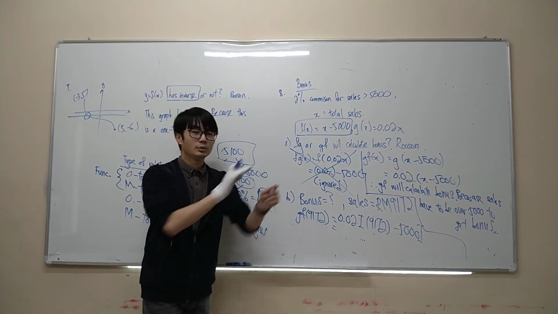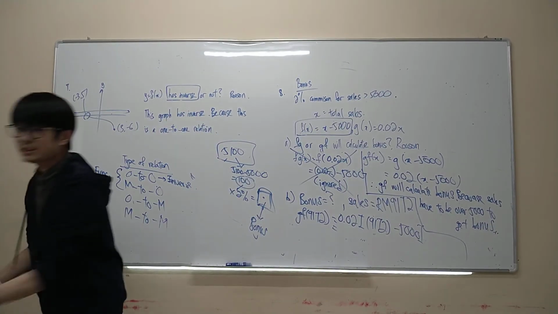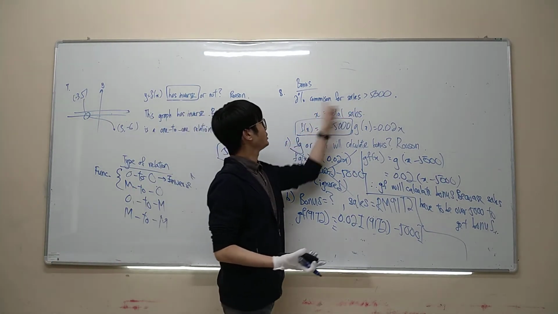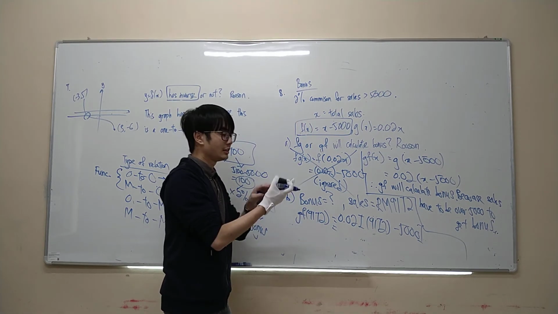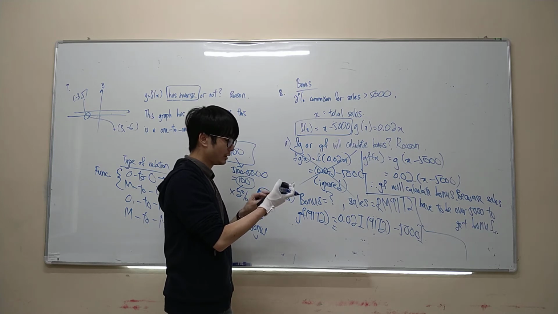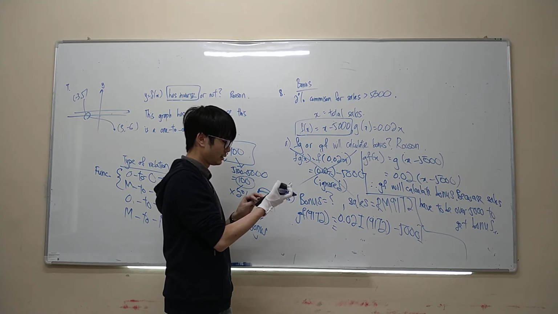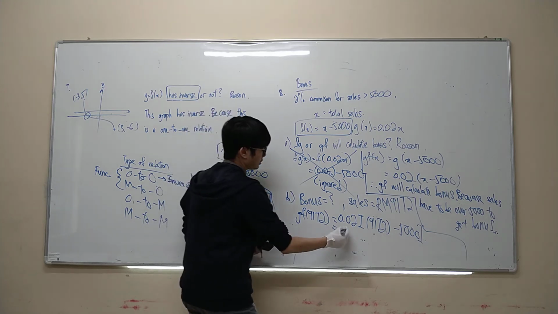Why you minus? You want to see berapa, because only sales over 5000 will get commission. So you want to see how much yang gain lebih. So you take 9172 minus 5000. Okay, I silap tekan. So it's 4172.